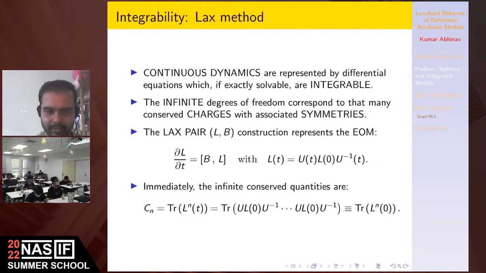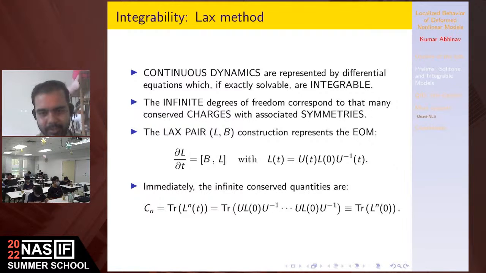So you can change the order and keep on cancelling U with U inverse. Finally you will end up with L to the power n at time equal to 0, or at any particular time of your choosing. So in this expression inside the trace, U L U inverse, followed by U L inverse.